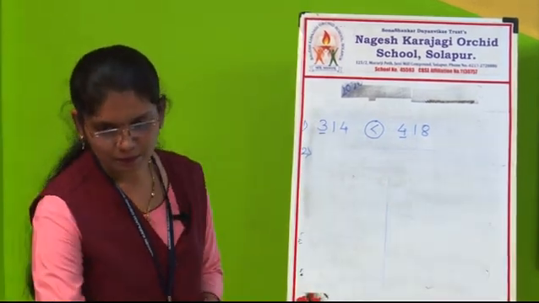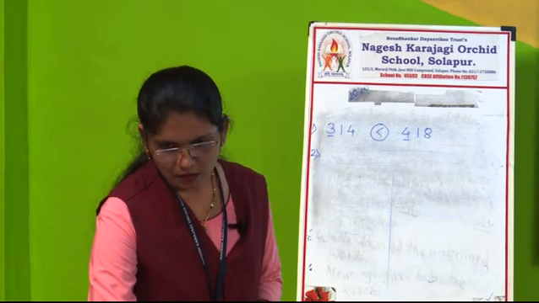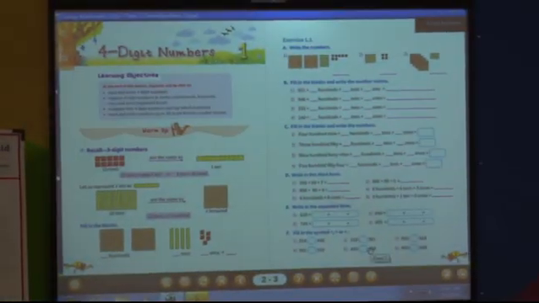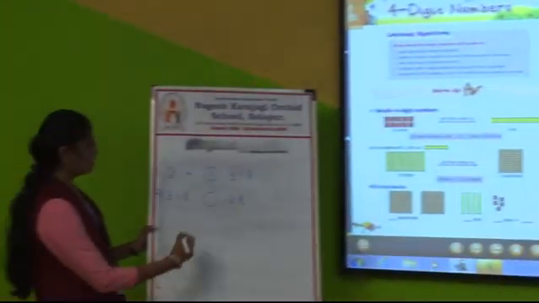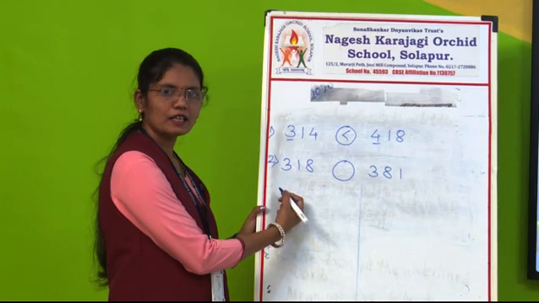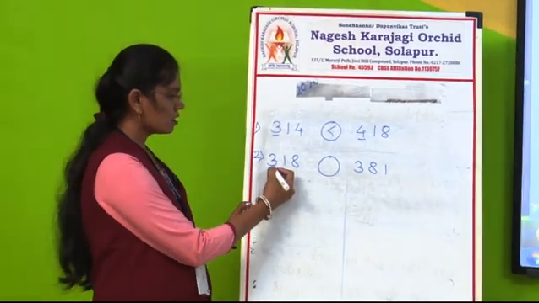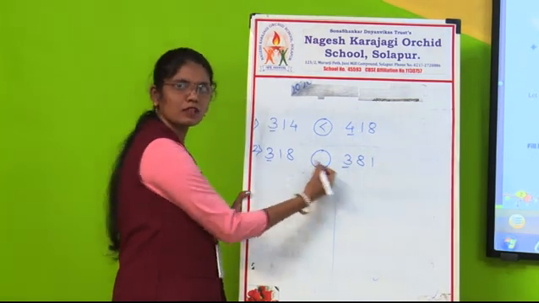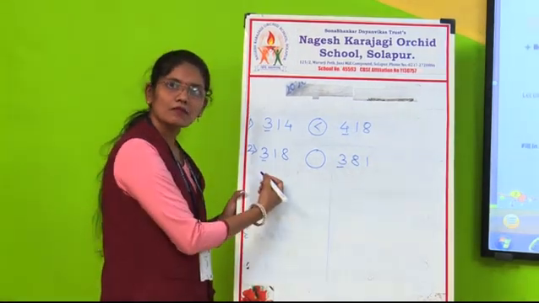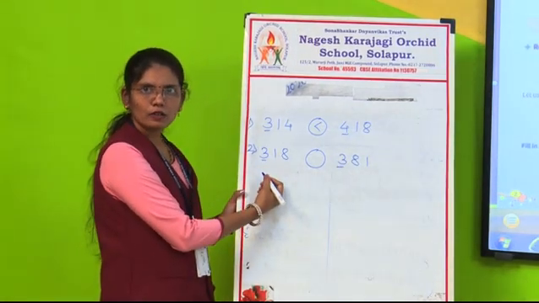Now next example, 318 and 381. Okay. Now see students, this is also a very interesting example. Why? Because the first digit of both the numbers is 3 and 3. These both digits are equal, then what to do?